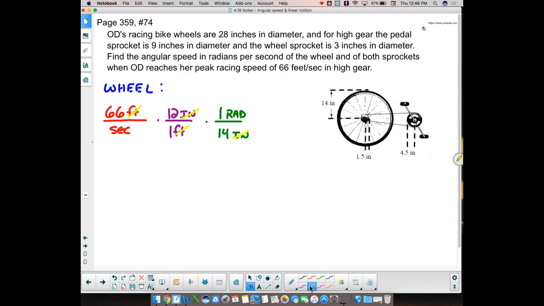And now that is the angular speed of the wheel, which if I calculate that out, is 396 over 7 radians per second.